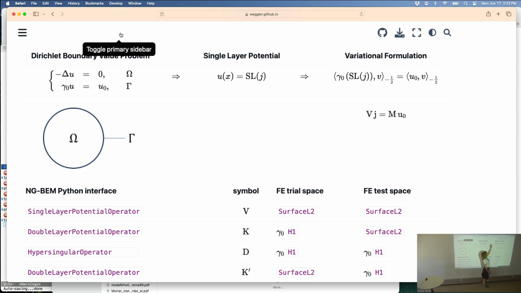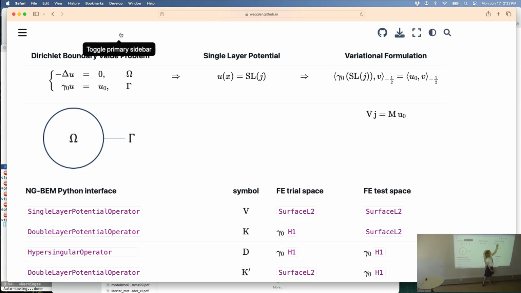So let's find an equation for this J, and the equation for J is found by applying a trace operator on that ansatz. That's why you see the trace operator here. I applied the trace operator, so all those densities that come out are not real functions but distributions, so you should understand them in a weak form.